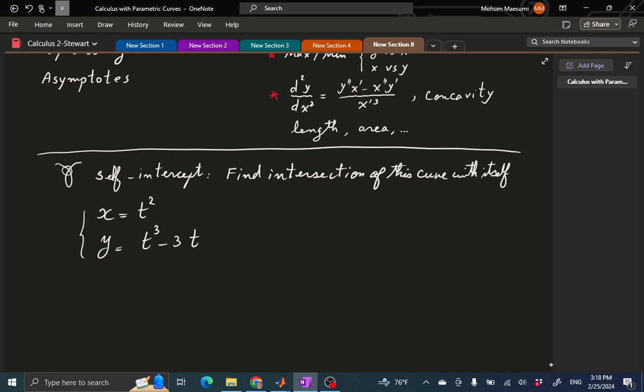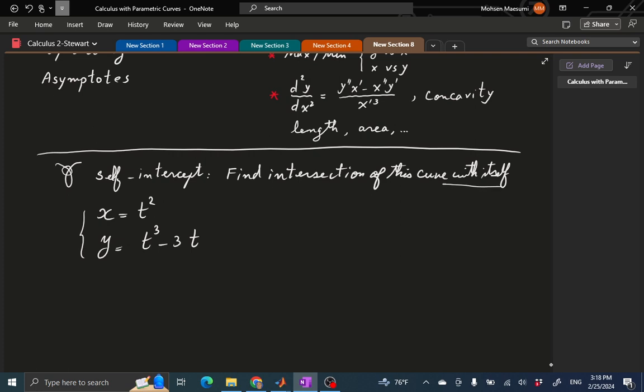It would be straightforward to find the intersection with the x-axis and y-axis and so on. You set the corresponding variable to 0 and solve it. But how would you figure out intersection with itself? What does that even mean?